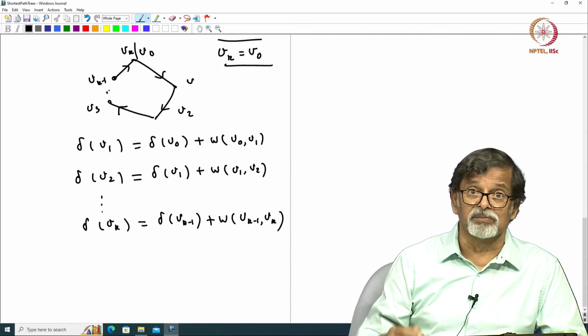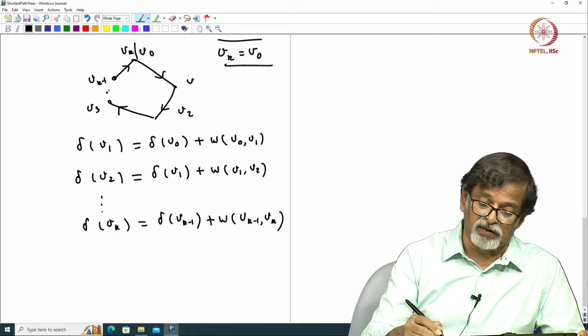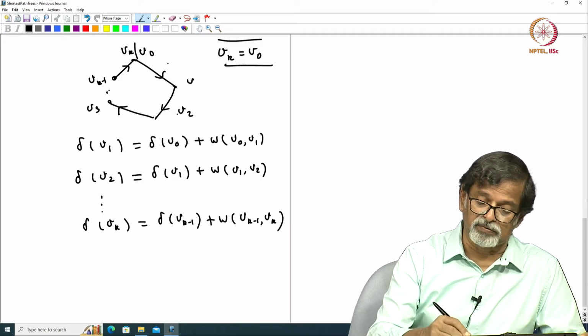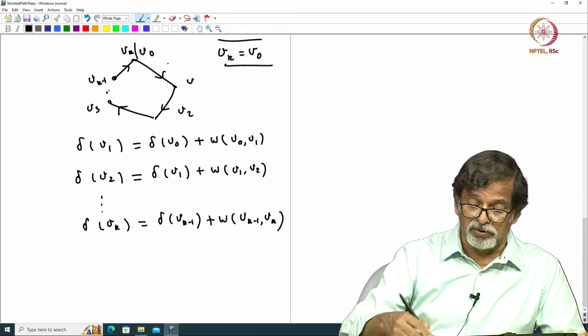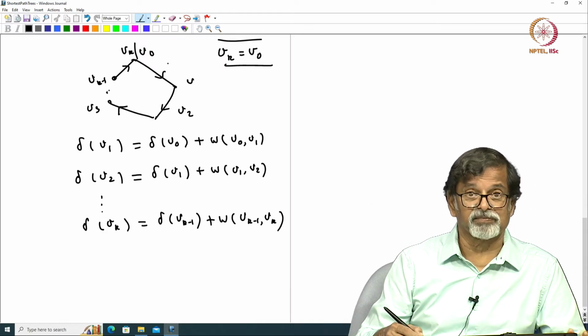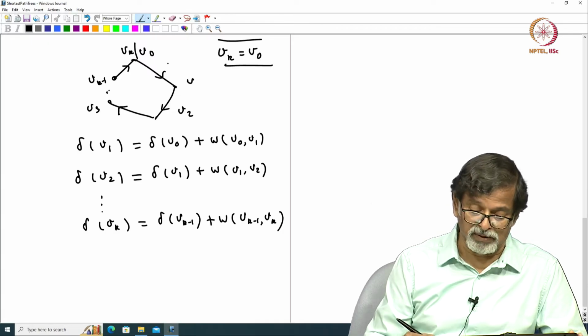You add all of them. Here you are going to get weight of V0 V1, weight of V1 V2, up to weight of Vk minus 1 Vk. So, you are going to get the weight of the cycle when you add all of them.